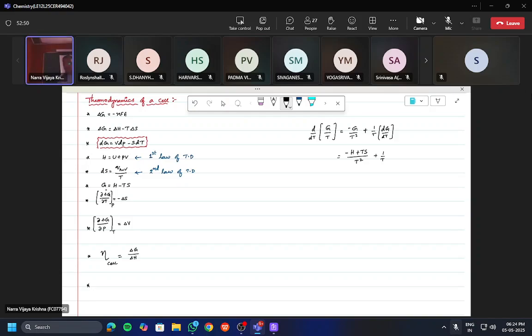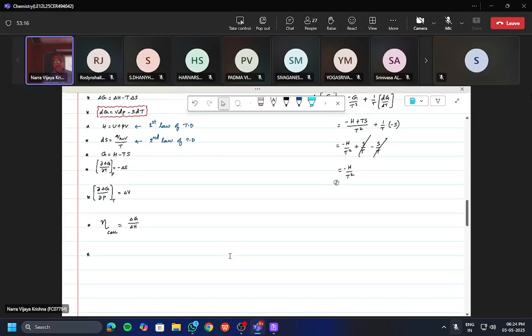Then what will this equation be? Correct? Minus H by T square. Then this becomes plus S by T, and this one minus S by T. So plus S by T minus S by T cancelled. So what did you get? Minus H by T square. So we brought another equation. Now what is that new equation?